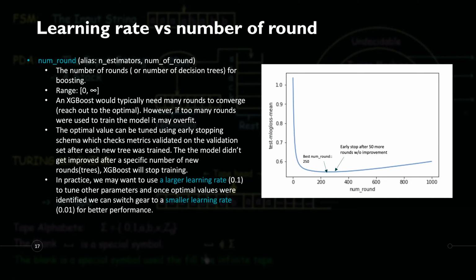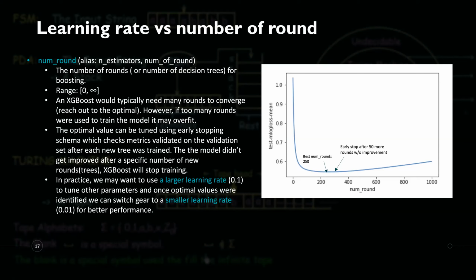If after a given number of decision trees added we still don't observe any improvement, then we stop the training process. And we take a look at the training history and find the best number of rounds.